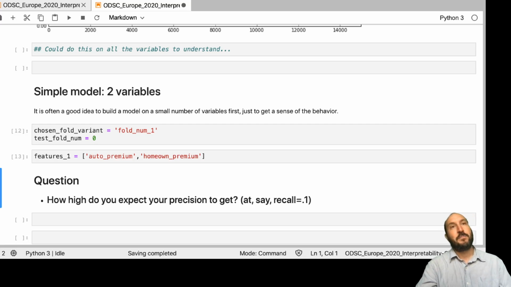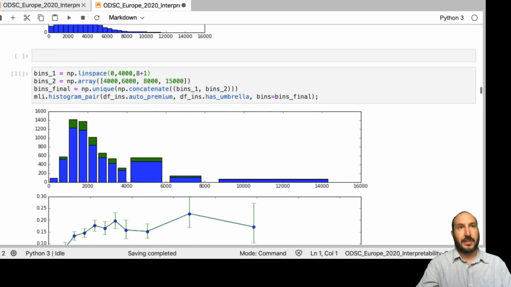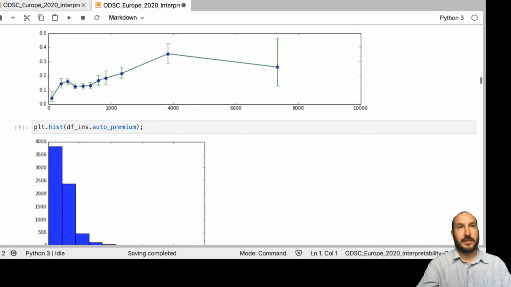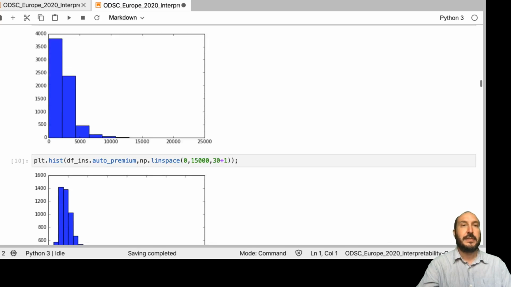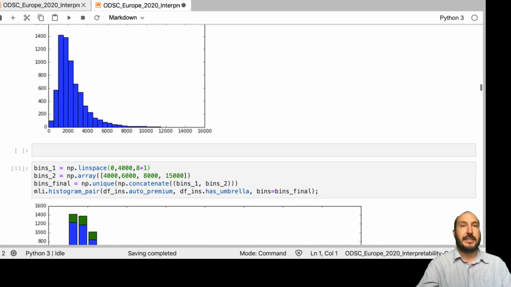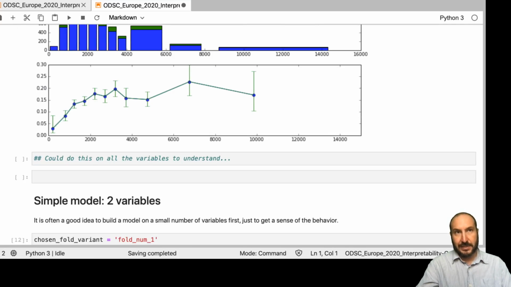And the first question I'm going to ask is, given this chart, if we look at these bins, what we see is that even the people with the highest homeowner's premiums, about 30% of them have umbrellas. And remember, on average, about 15% of people have these umbrella policies. Likewise, when we look at auto, this number goes up to about 20%.